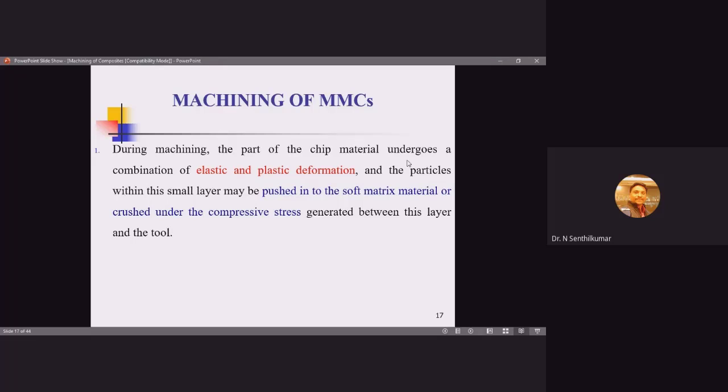How is it going to push? By means of compressive stress, it will push it in. Second category, the silicon carbide particle will be cut into two halves. That is called shearing of ceramic particles. Or third case, the ceramic particle will be totally pulled out from the soft matrix.